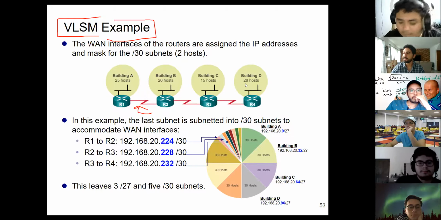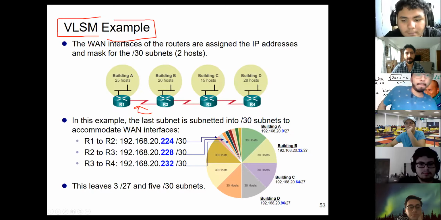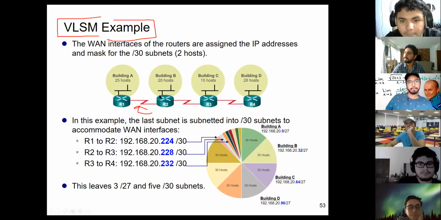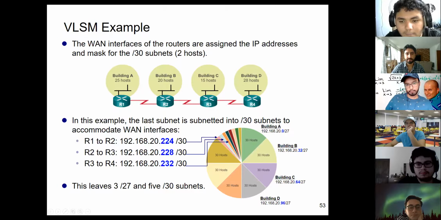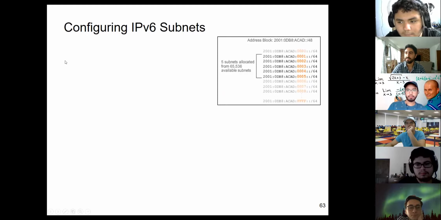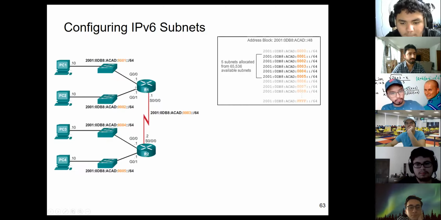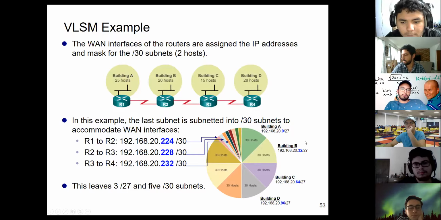If I give you, for example, a structure, I guess that's how you're going to see it in your exam. I'm going to give you this, and you're going to put IP addresses for it. So exactly what you see here. You take this one, you put this IP address.